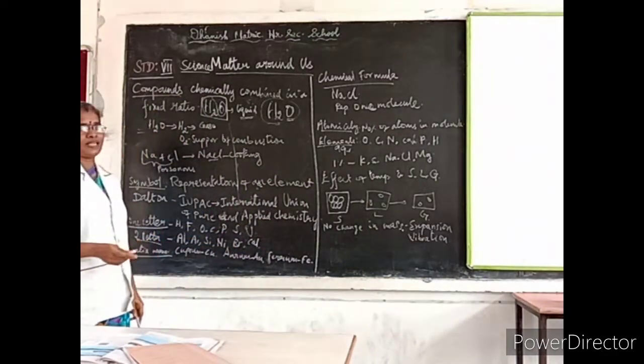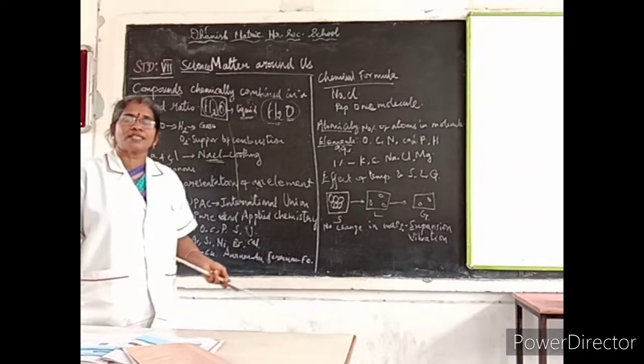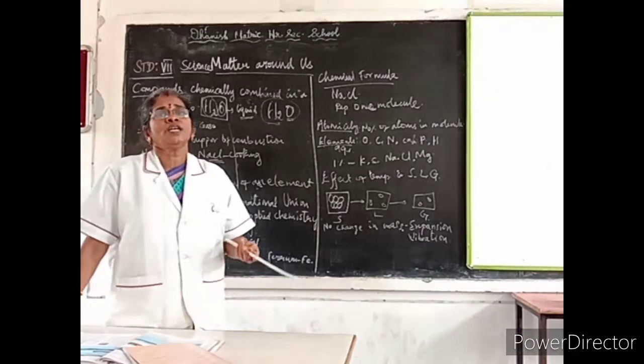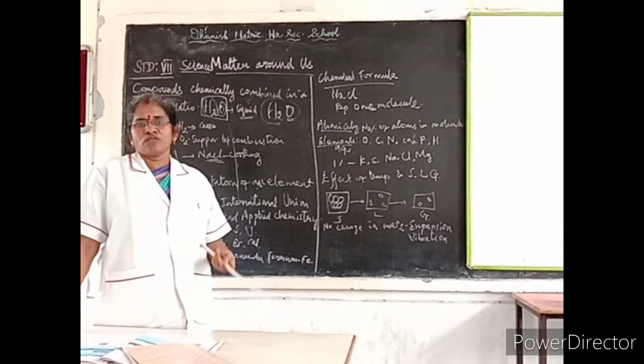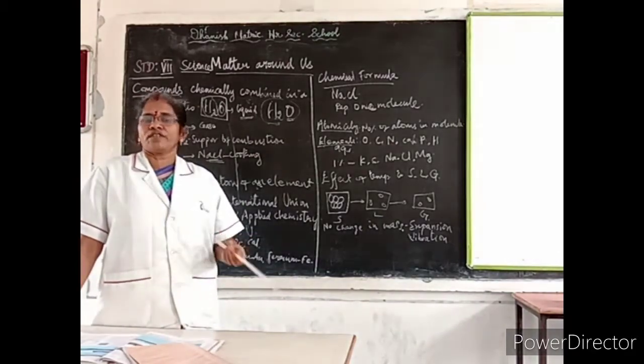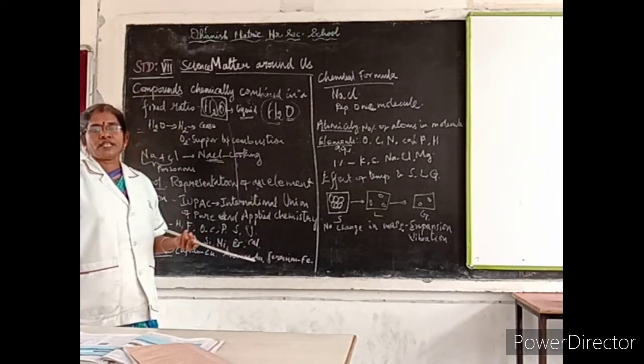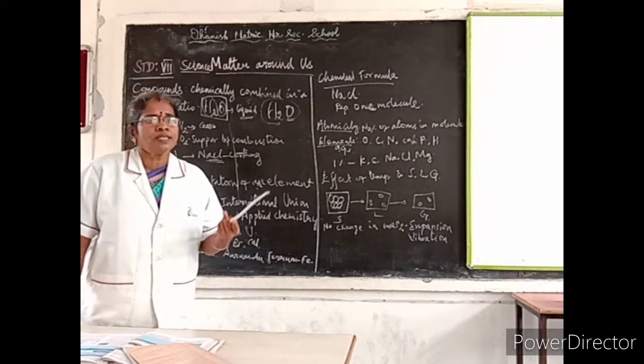Now I will explain another example: sodium chloride. Sodium chloride is table salt, which is used for cooking. Without salt, no food can be eaten; it gives taste to the cooked food.